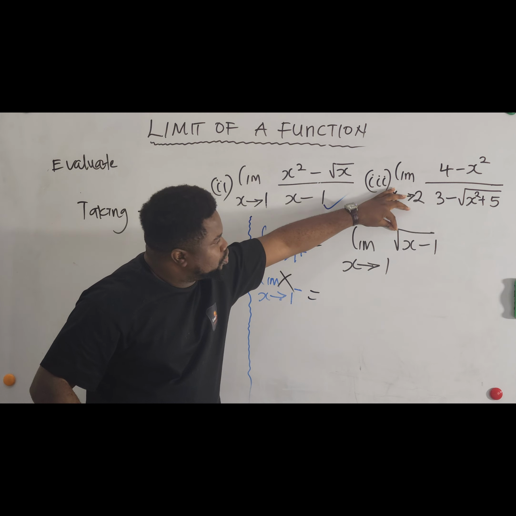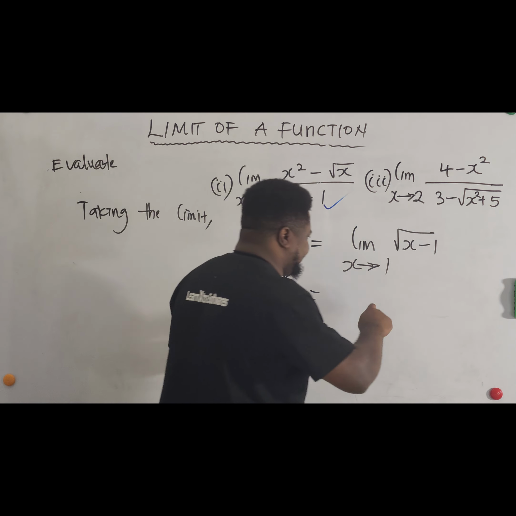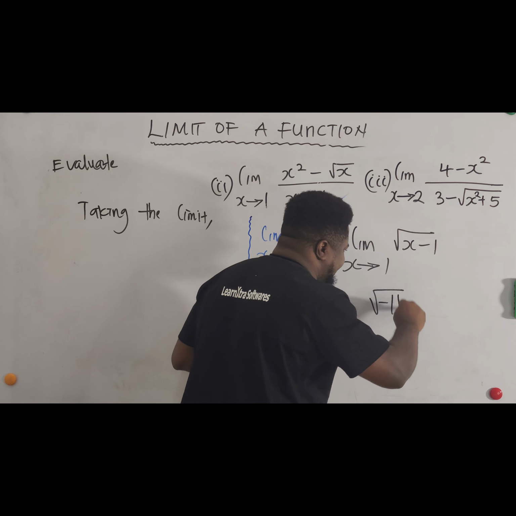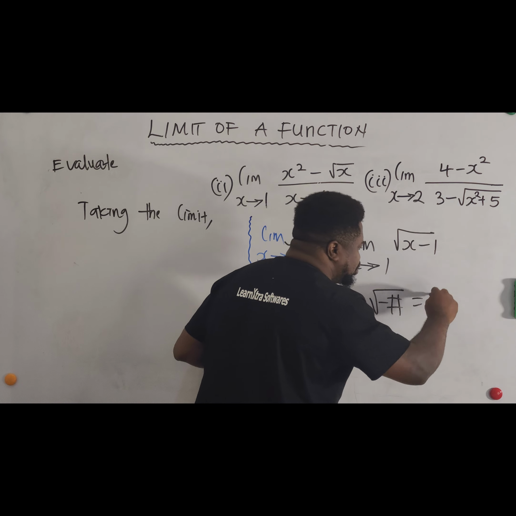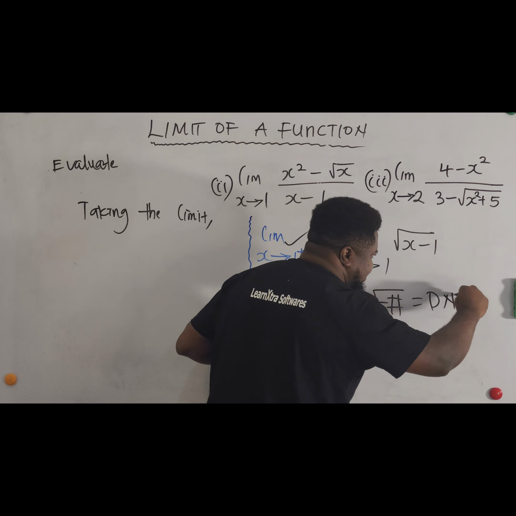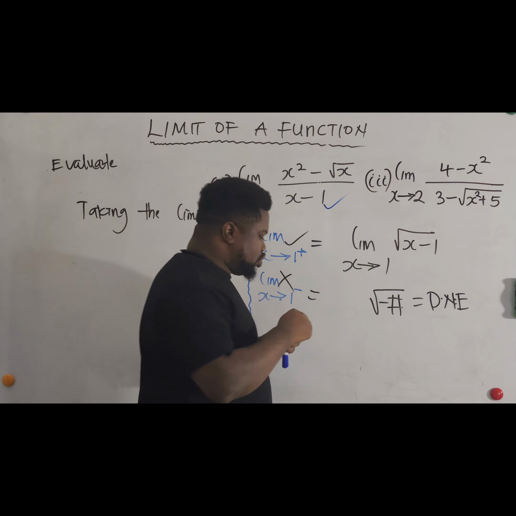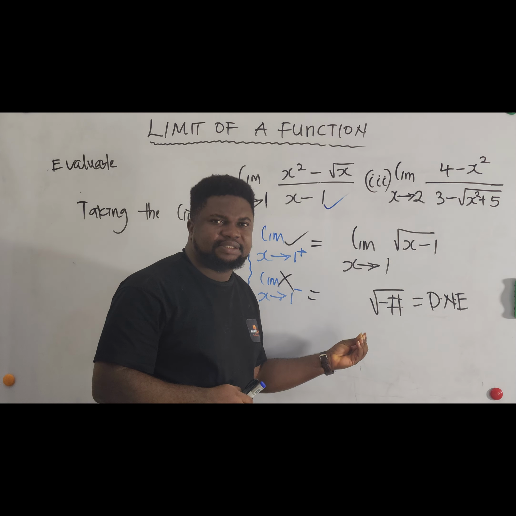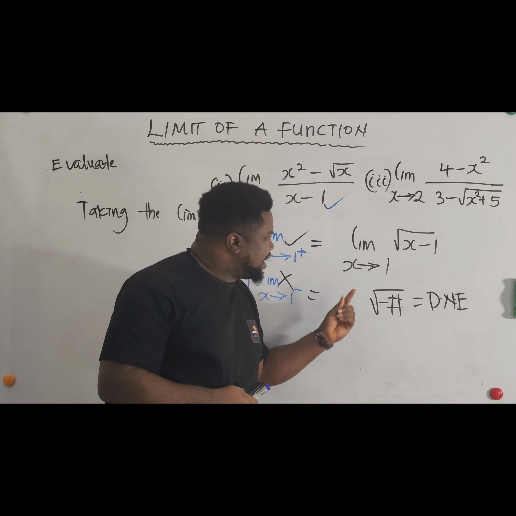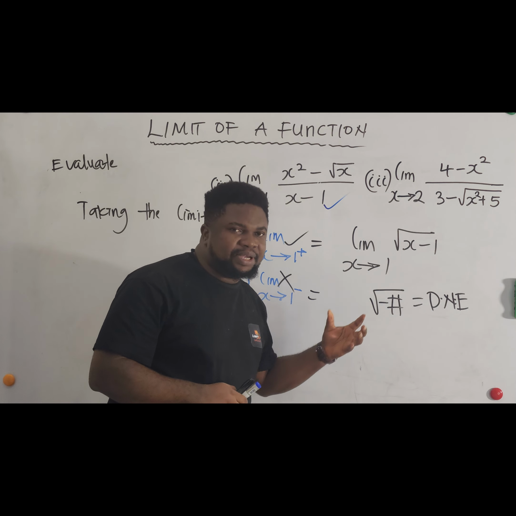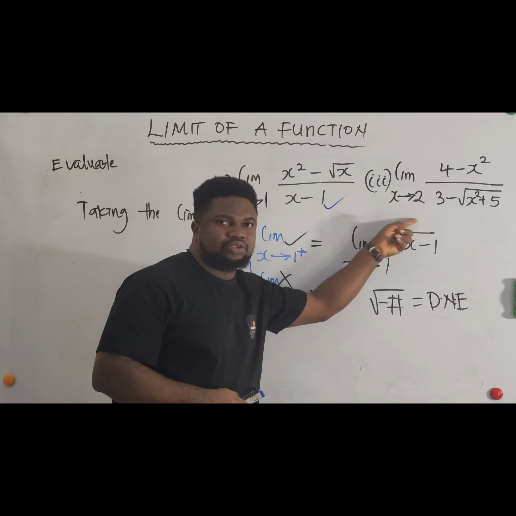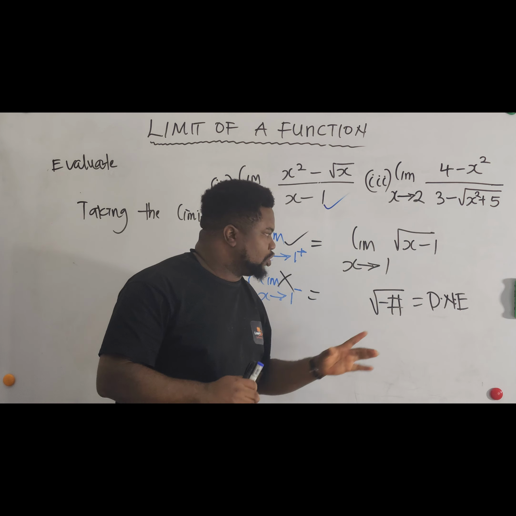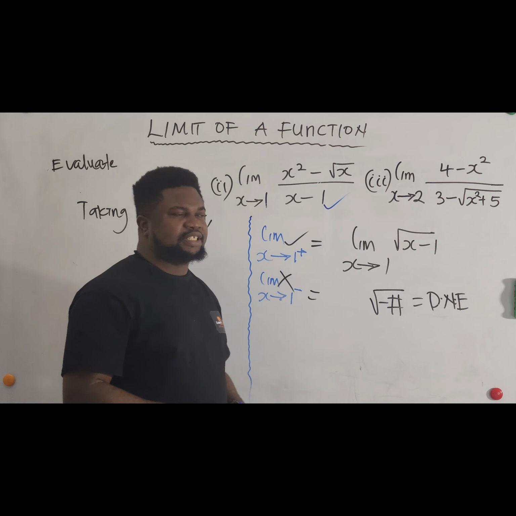And the root of a negative number does not exist. So in a case whereby we can't obtain the left hand limit or the right hand limit of a function, the limit of that function does not exist.